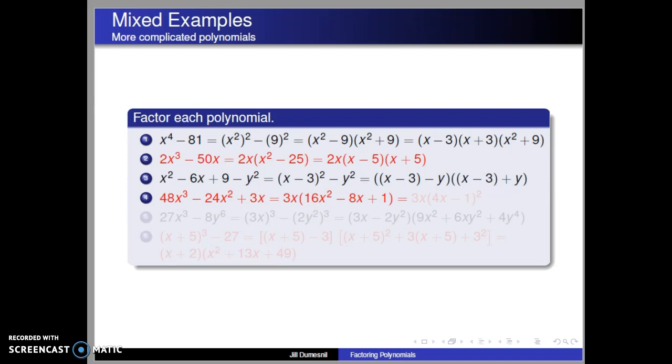This trinomial is a perfect square which factors into 4x minus 1 times 4x minus 1. So our original polynomial can be factored as 3x times the quantity 4x minus 1 squared.